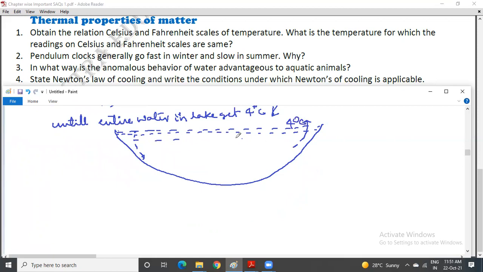Entire water is getting 4 degrees centigrade. So after 4 degrees centigrade, what happens? After 4 degrees centigrade, the water at the top is further cooled.